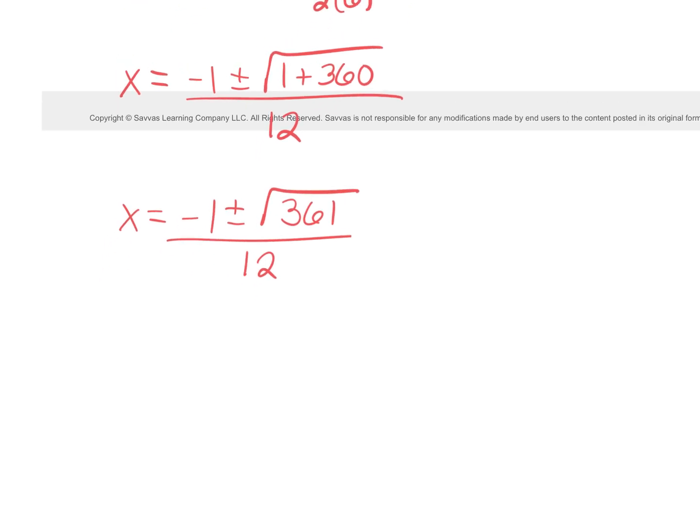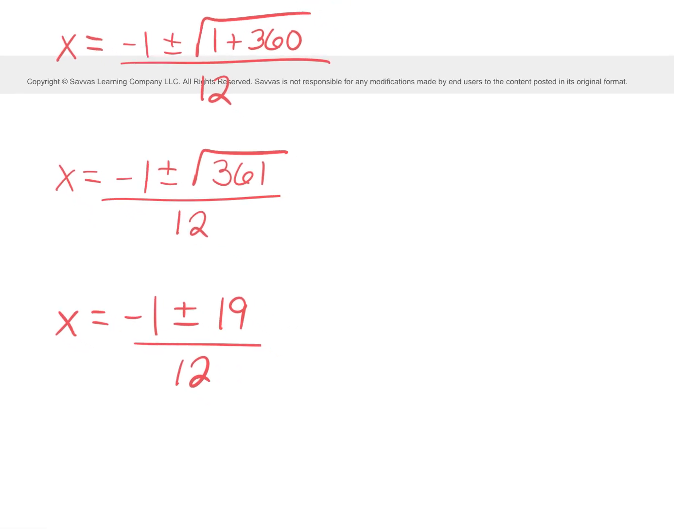Check in your calculators. Square root of 361, is it even? So we have negative 1 plus or minus 19 divided by 12. Well, it came out even, so what do I need to do? Nothing. No, you have to put it.